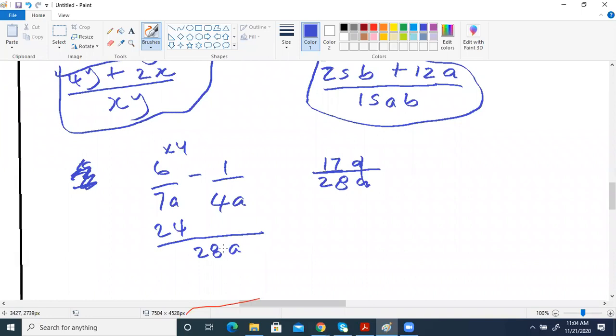And then 4a into 28a is what, 7? This is minus 7. All right, so this has a 17 vibe. So the 17 here. Is that 17? Yeah. Over 28a. That is what I was looking out for.